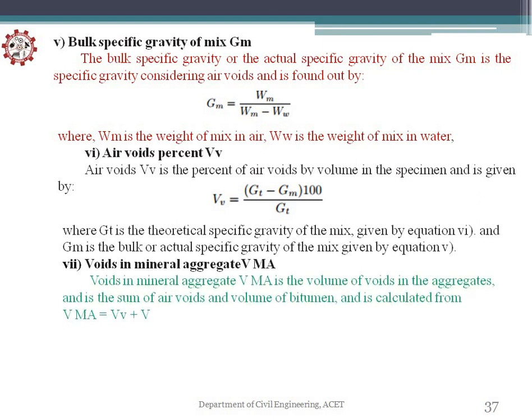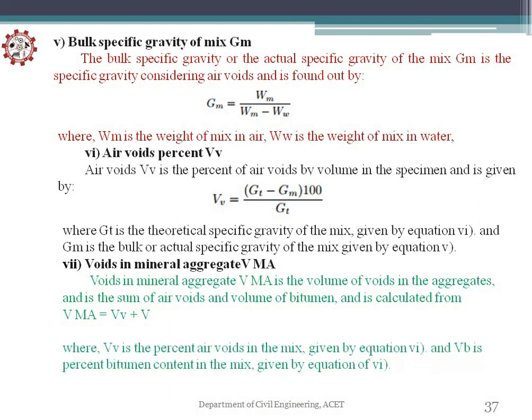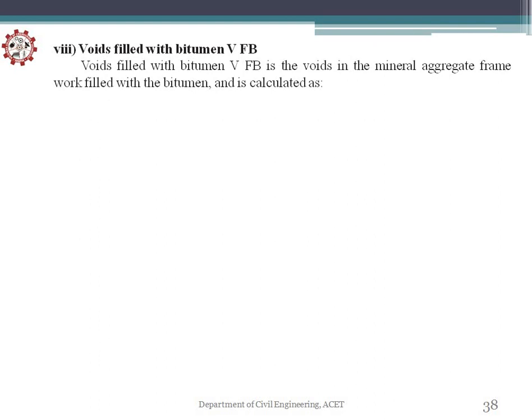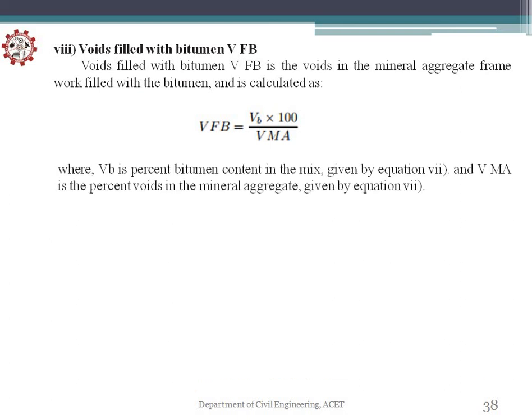After that, you need to calculate the VMA, which is voids in mineral aggregates, Vv plus Vb, where Vv is the voids and Vb is the percentage of bitumen. Voids filled with bitumen VFB is calculated by this formula, Vb into 100 upon VMA. So Vb is calculated by the above formula and substituted here, and you will get the value of VFB.